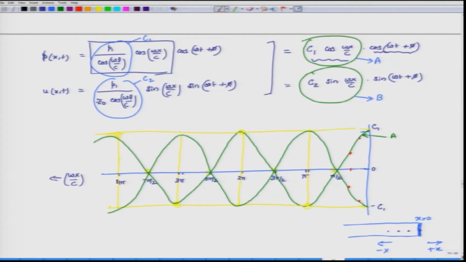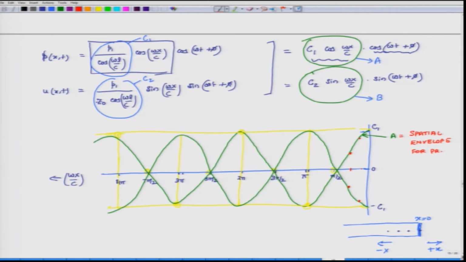So, the amplitude of pressure fluctuates between two specific limits, and those limits are defined by function A. That is why this function A is known as spatial envelope for pressure.